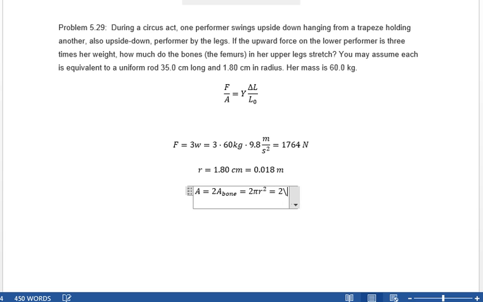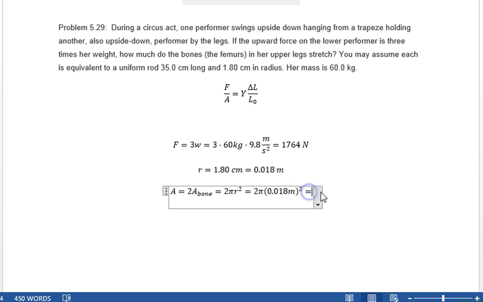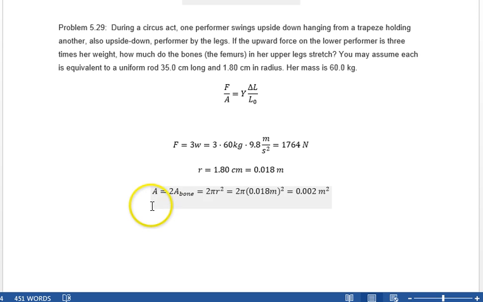So 2 times pi times 0.018 meters squared. Okay, let's go get that number. Equals 2 times pi, pi is a function in Excel, times 0.018 squared. Okay, 0.00204, or just 0.002 meters squared. So that's the cross-sectional area we're looking to go into here.